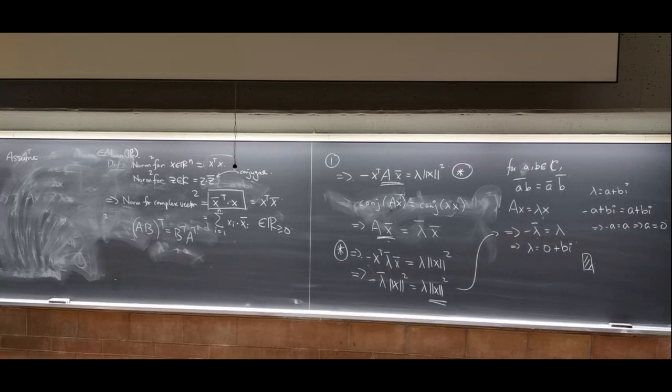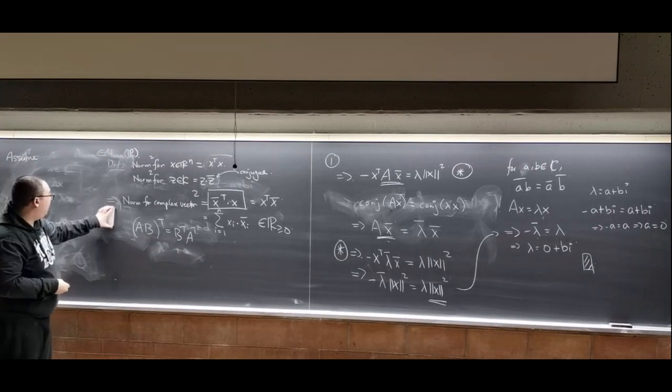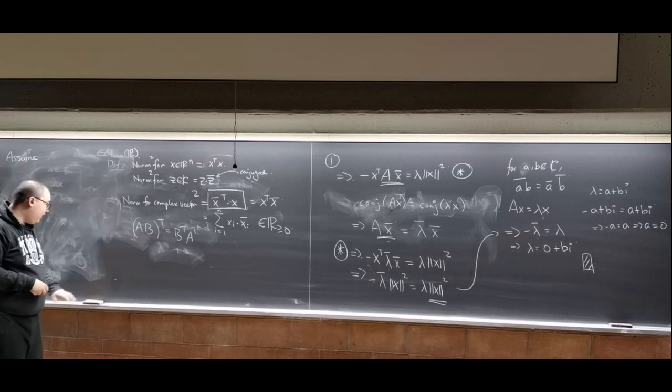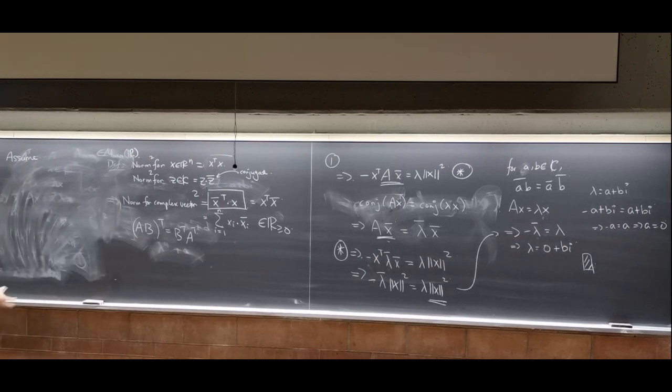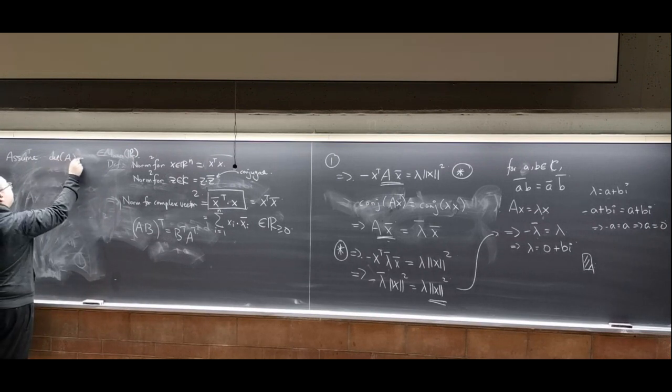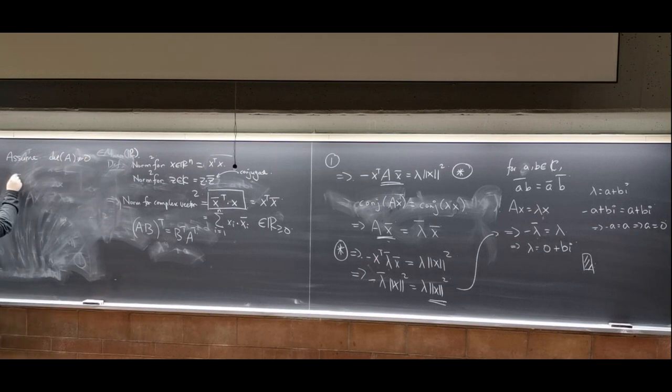You want to prove that AX equals something, AY equals something, AZ equals something, given that X, Y, Z are not linearly dependent. And you want to find the determinant. So assume the determinant of A does not equal 0. What does that mean? That means A is an isomorphism.